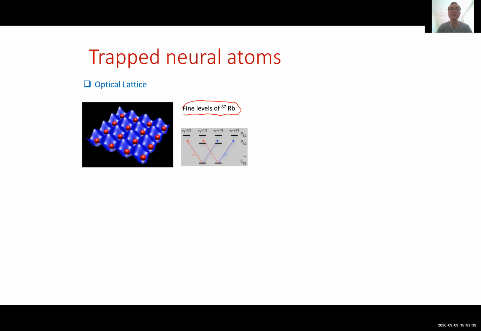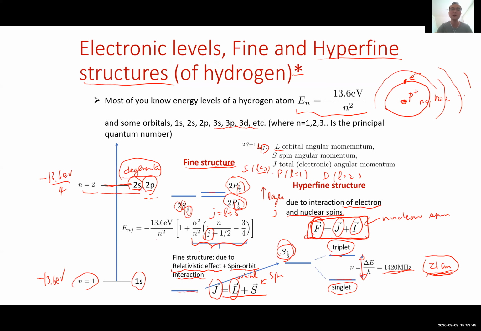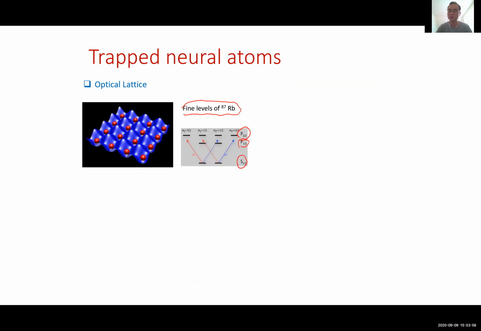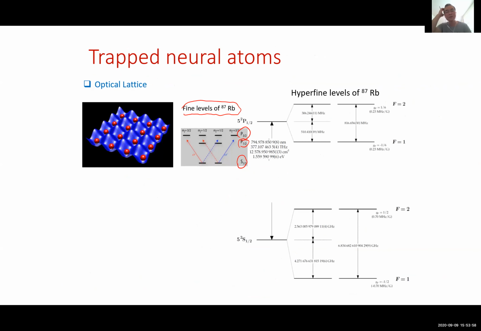Remember, we have these S and P. This is exactly what you already saw. And here, the fine structure of hydrogen and rubidium is similar, and it has further splitting due to interaction with nuclear spin. This is the hyperfine structure.